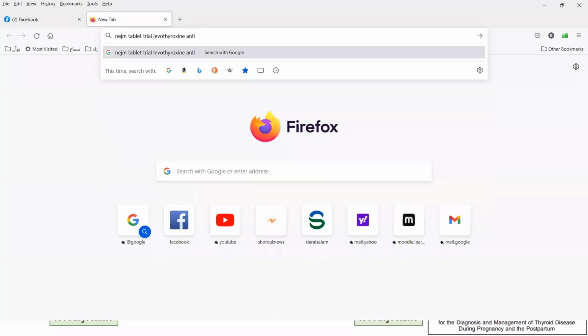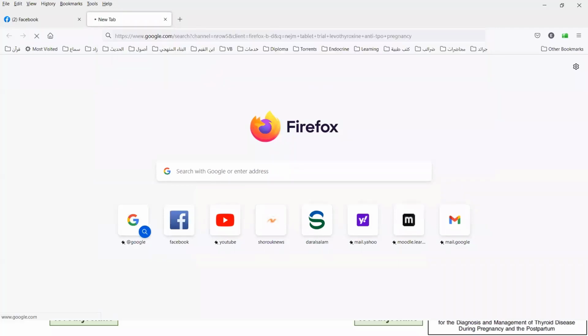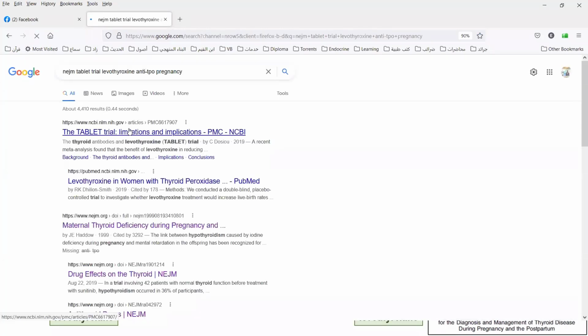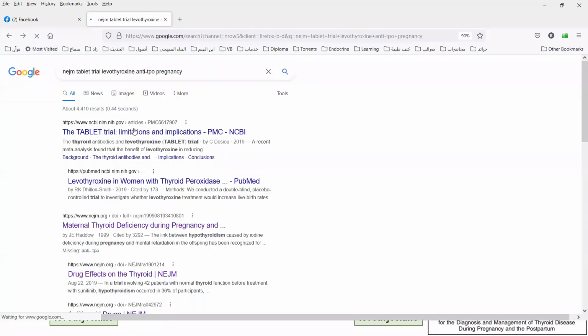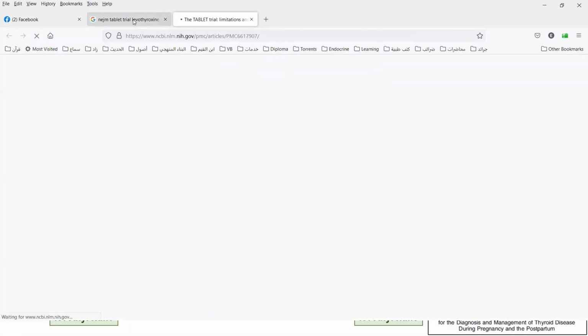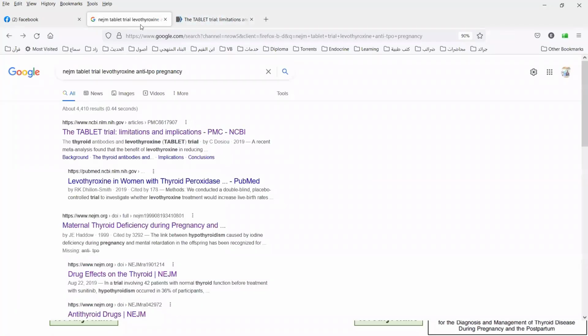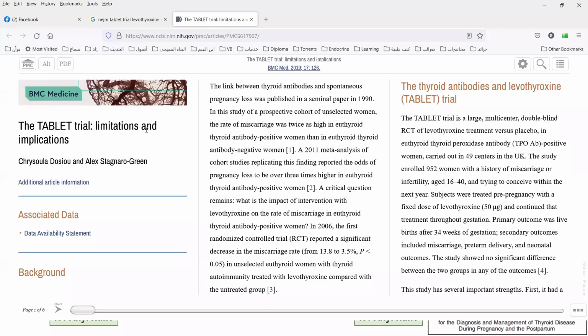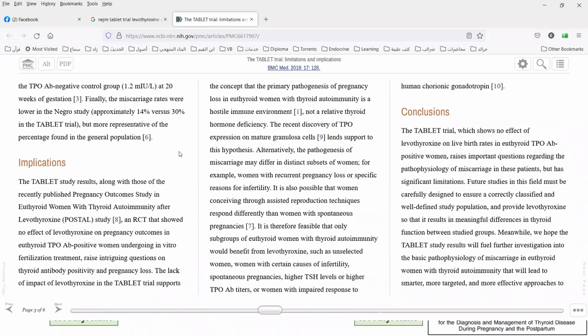Levothyroxine, anti-TPO with pregnancy. This is a trial. This is one.